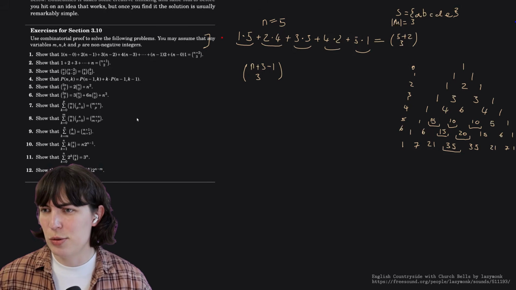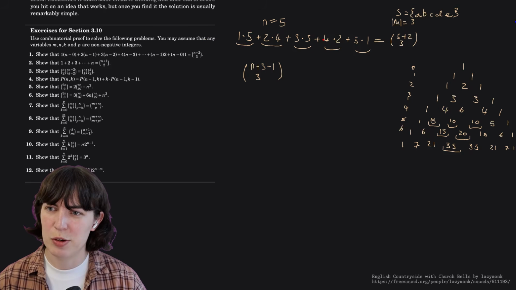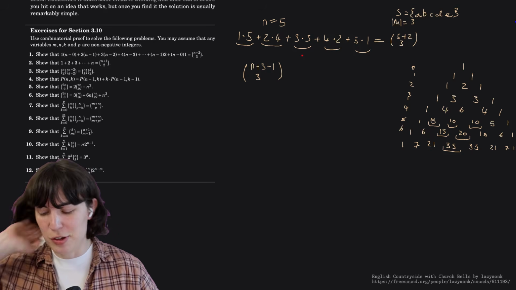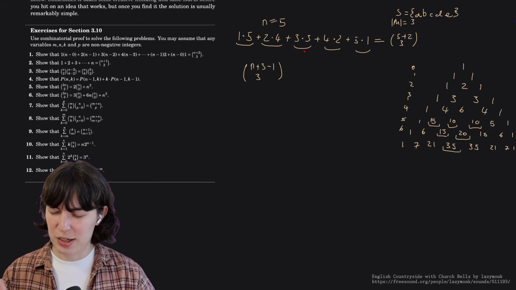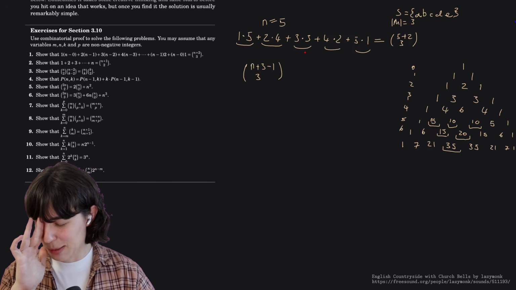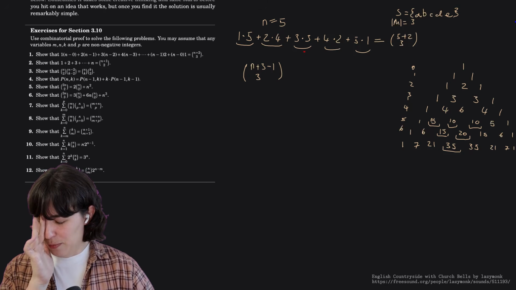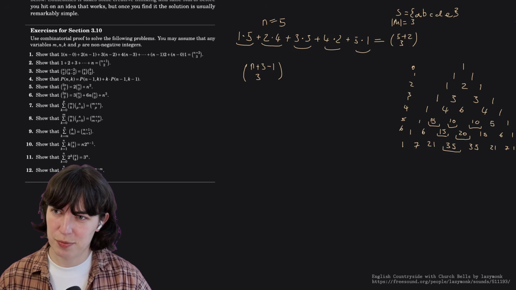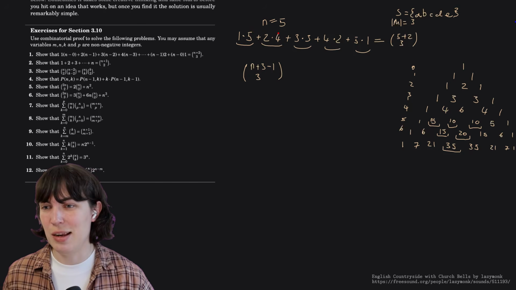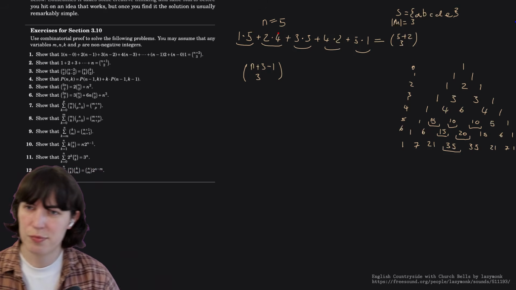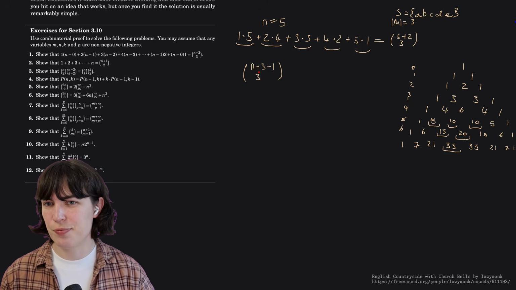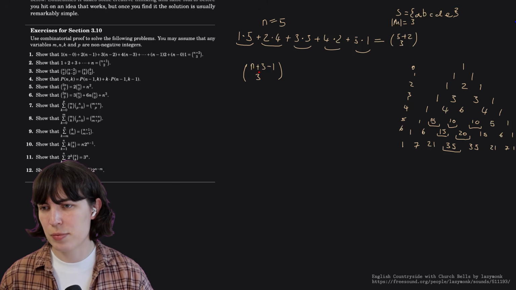So we want to say that this is also some way of counting a 3-element multiset from an n-element set. So it's the number of ways of picking out three elements.